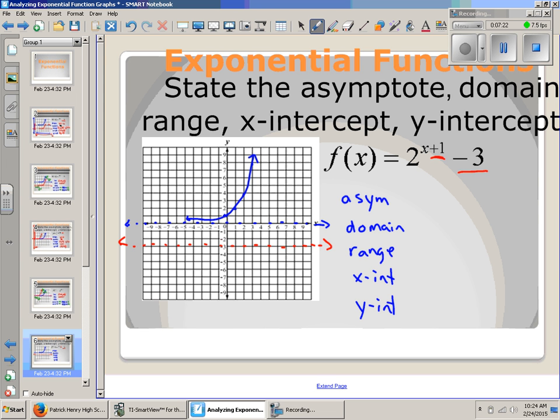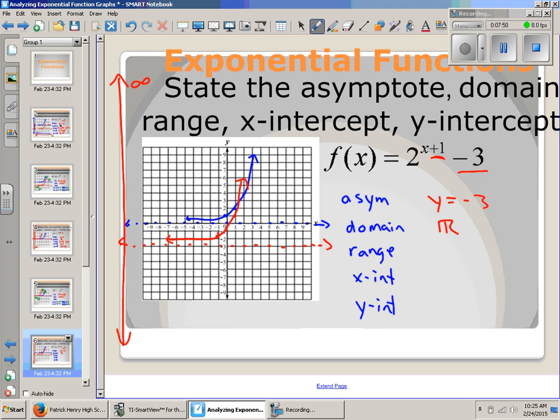So down 3, left 1. So my asymptote is now y equals negative 3. Domain, all reals. Notice here that for exponential functions the domain is always all reals.